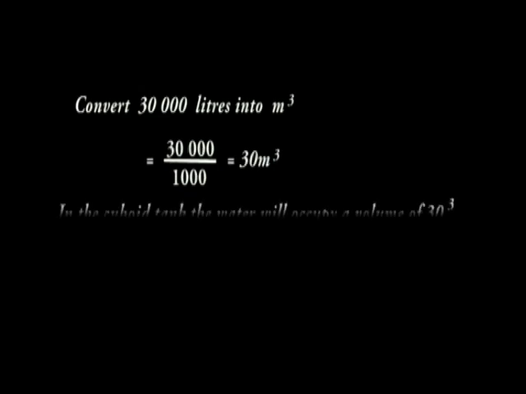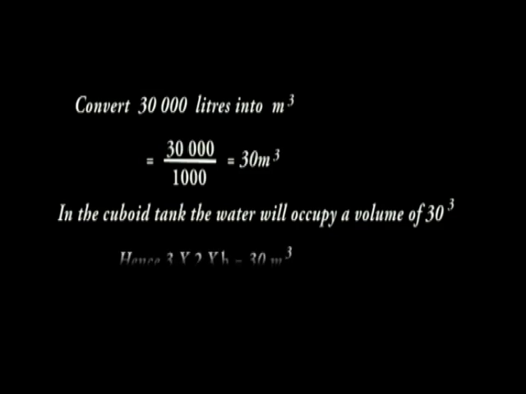This will be 30,000 divided by 1,000, which is 30 meter cubed. In the cuboid tank, water will occupy a volume of 30 meter cubed. Hence, 3 times 2 times h is 30, and h is 5 meters.